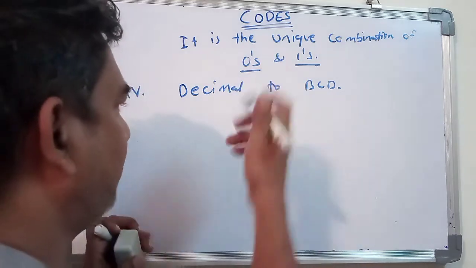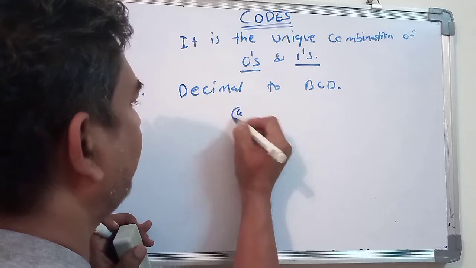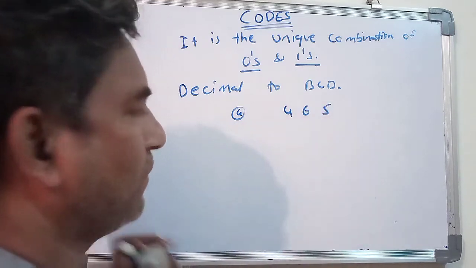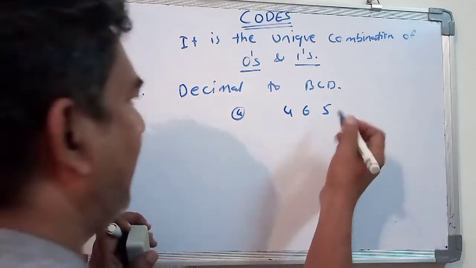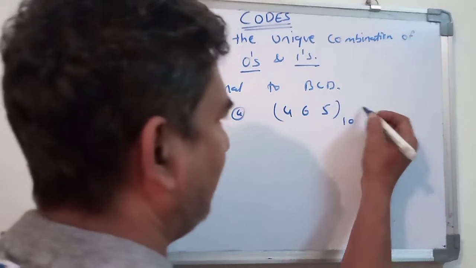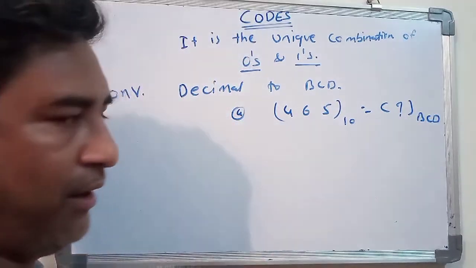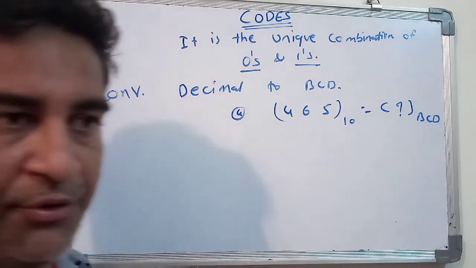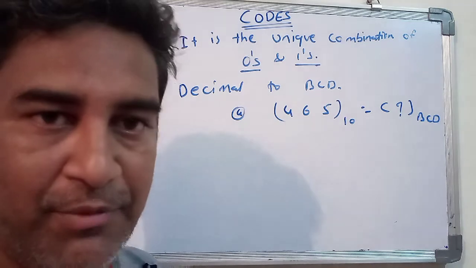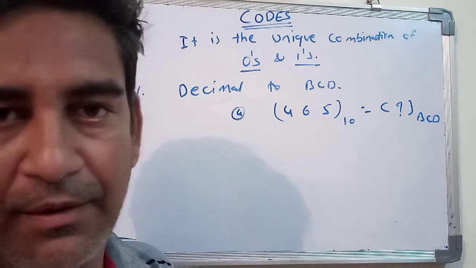If you take any number, for example 4 6 5, this number, according to the base 10, is a decimal, and you have to convert that number into BCD. Earlier I told you that you have to write any decimal number in 4 bits.